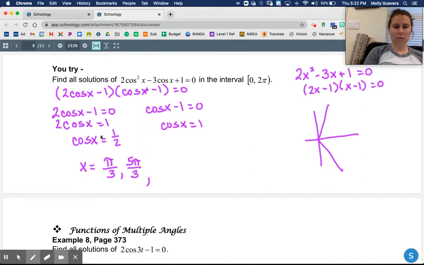Those are the two where cosine is equal to 1/2. Now when is cosine 1? Remember, cosine is the x-coordinate, and the x-coordinate is 1 at this point right here, 1, 0, which is 0 radians. The reason we use 0 and not 2 pi is because 0 is included and 2 pi is not.